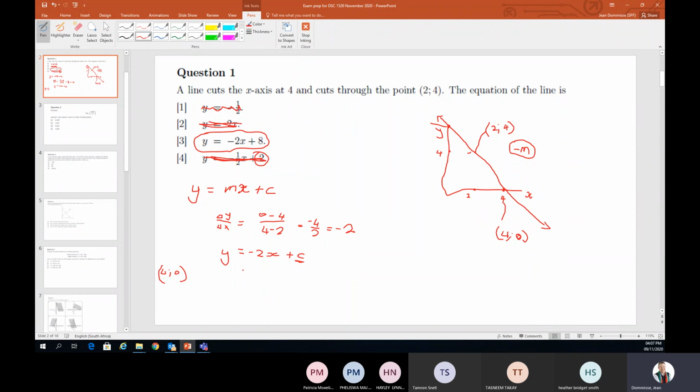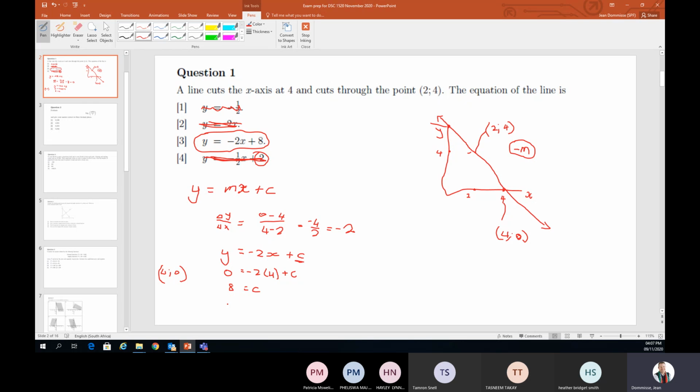So x is 4, y is 0. So we will have that minus 2 times 4 is minus 8. If I take it over to this side, it will become 8. So c is equal to 8.